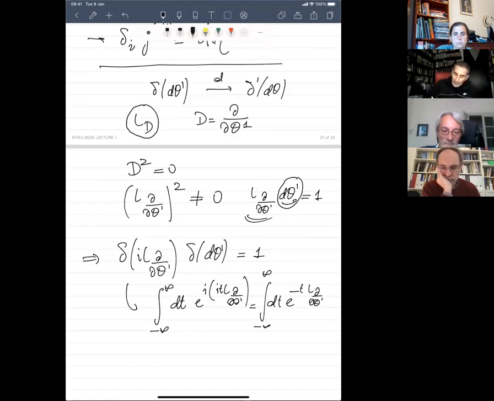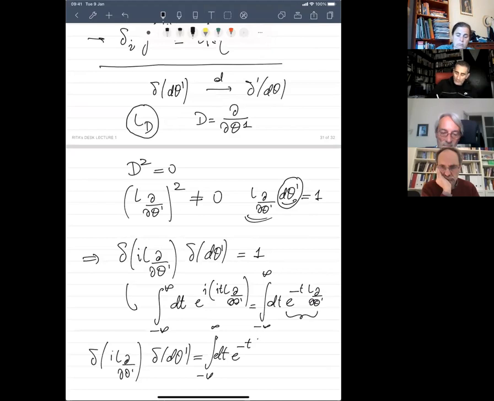Now this operator will appear here. Well, this is just a translation operator along the thetas, okay? This is just the Lie derivative, it is just the exponential map along this vector field. Therefore, if I act with this operator, i of d theta 1, on the delta function, it is the integral of dt e to the minus t times the contraction operator along d theta, acting on the delta function of d theta 1.